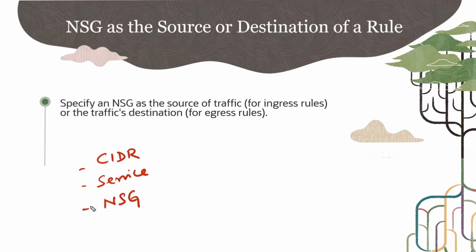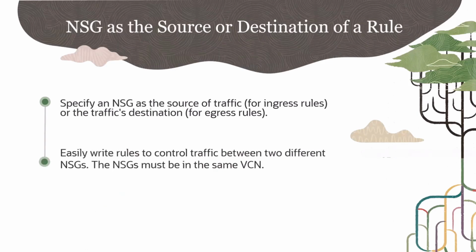So this is what is being discussed here. But the criteria for this is both the NSGs must be in the same VCN. So you can control traffic between two different NSGs. Just like I mentioned, you can have a web tier, define one NSG for the web tier, define another NSG for the app tier, and then you can control the traffic between those two NSGs.